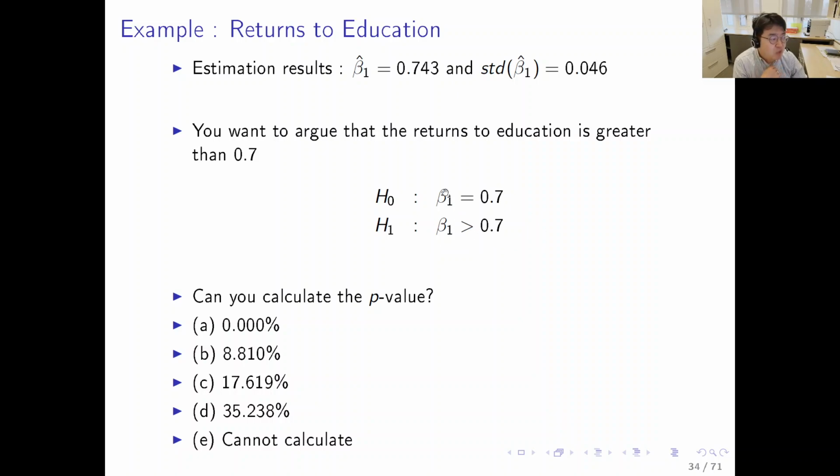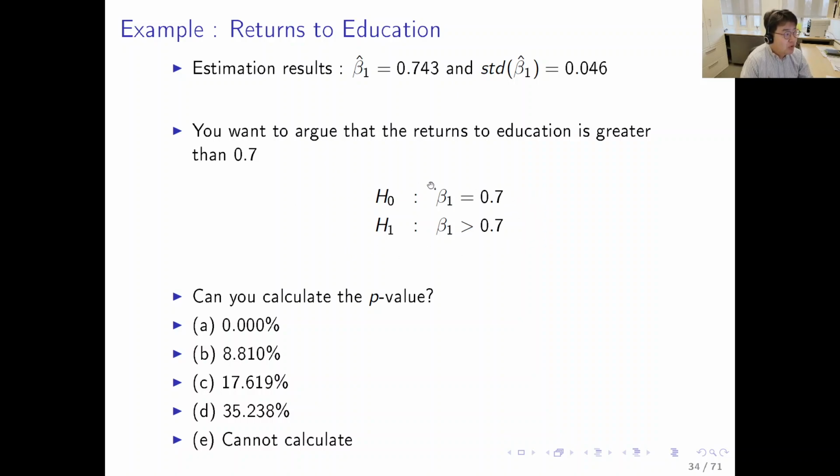So I want to reject this null hypothesis to argue that the returns to education is greater than 0.7, right? So I set up the hypothesis testing in this way.